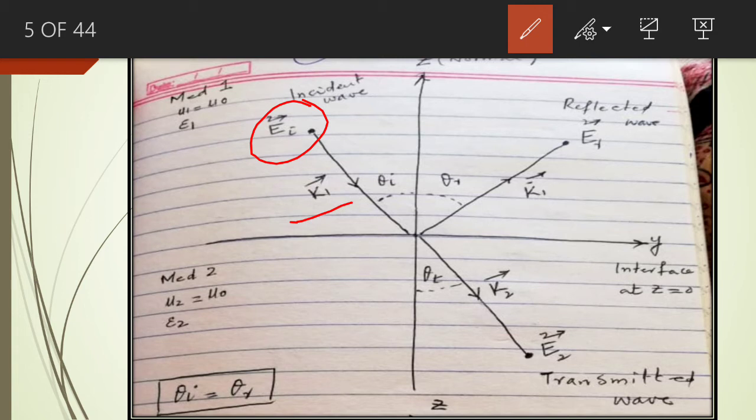So K1 is represented with the help of a vector, and this vector is always considered in the direction of the propagation. And the incident wave makes an angle of theta I with respect to the normal. Z-axis in this particular case is the normal to the interface. So the angle of incidence in this particular case is theta I.